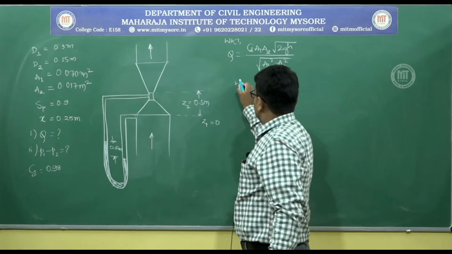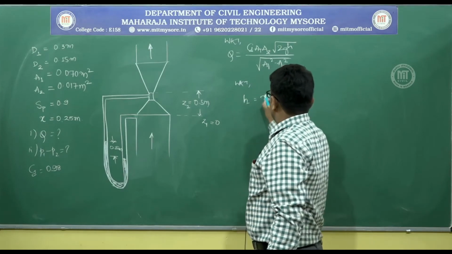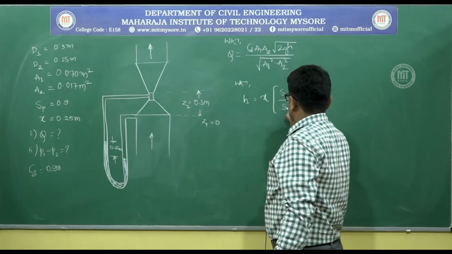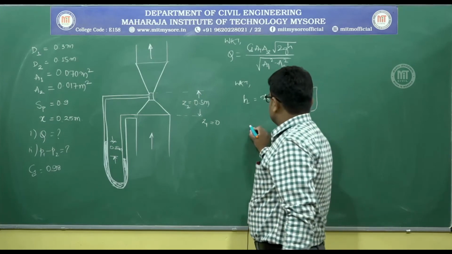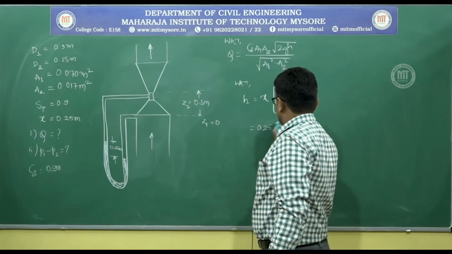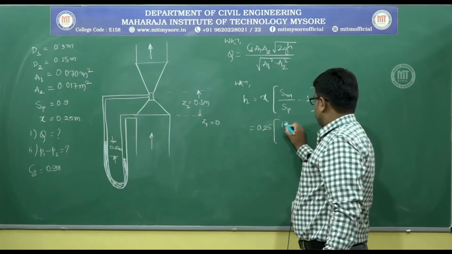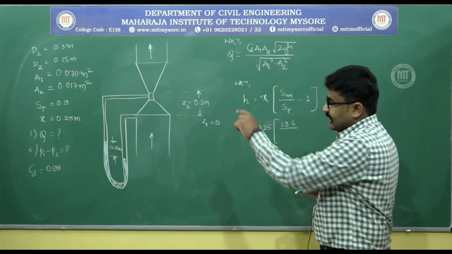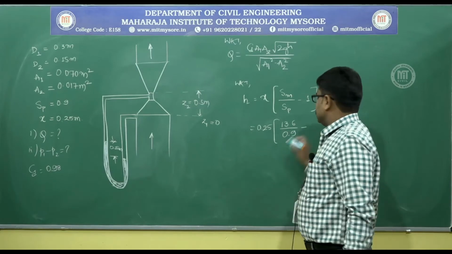We know that H is equal to X into S manometric divided by S pipe minus 1. So, it is nothing but 0.25 into specific gravity of mercury 13.6 divided by specific gravity of the liquid flowing in the pipe. He has given it to be 0.9 minus 1.